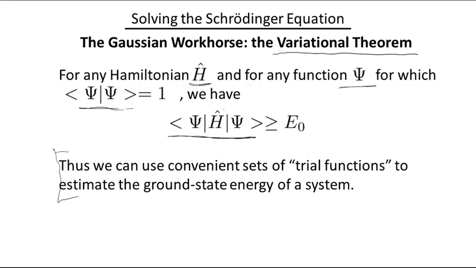And so that means if you just have a big gun and lots of bullets and some intelligence, you just take a large set of functions that you can systematically expand, and start varying and do a random walk through function space to try to lower the energy of the system, and you will, with luck, approach the ground state energy that you seek.